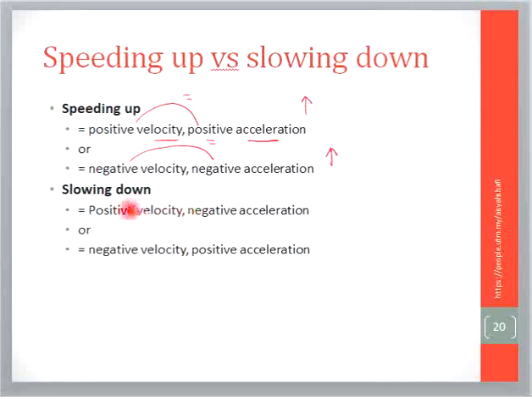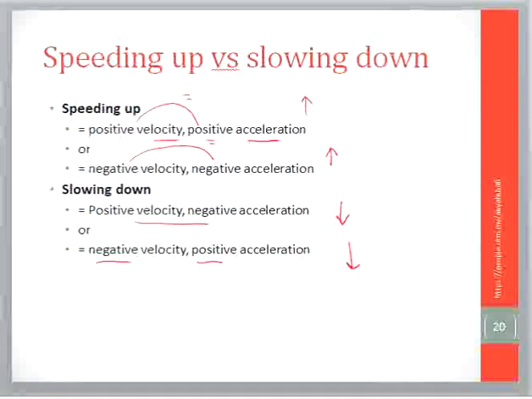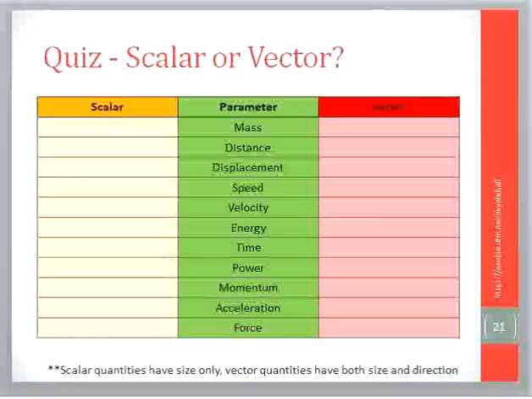Okay, for opposite direction, positive, negative, it becomes slowing down, negative, positive, also slowing down. Okay, this one you need to remember, because most of us will be confused about this term. Okay, I think that's all for introduction to rectilinear.